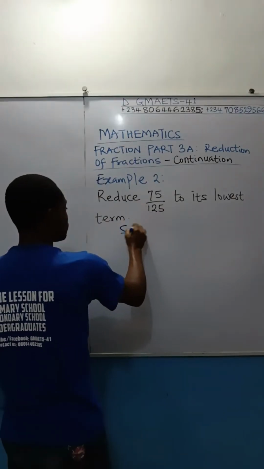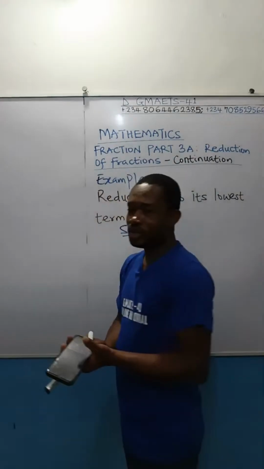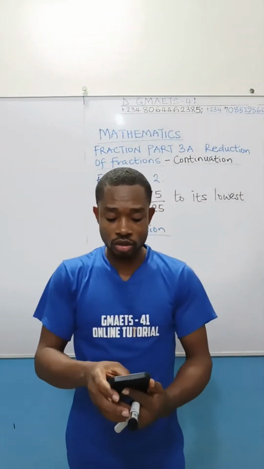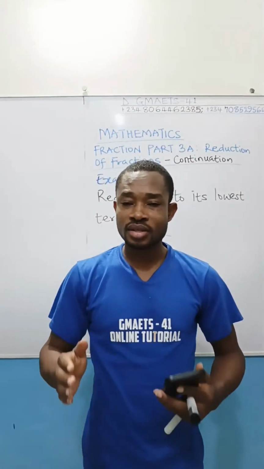Solution. So I want to find out how we can reduce 75 over 125 to its lowest term.